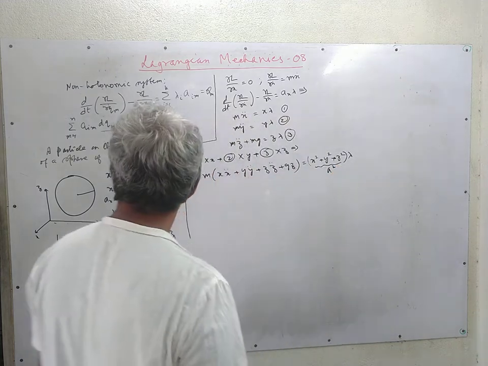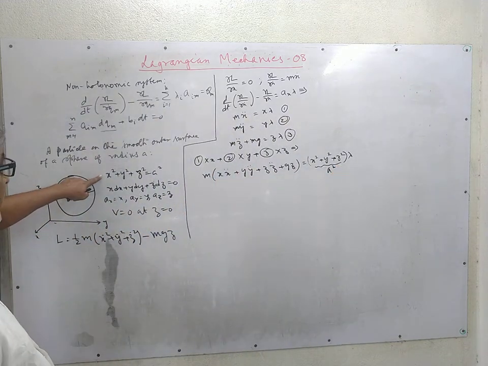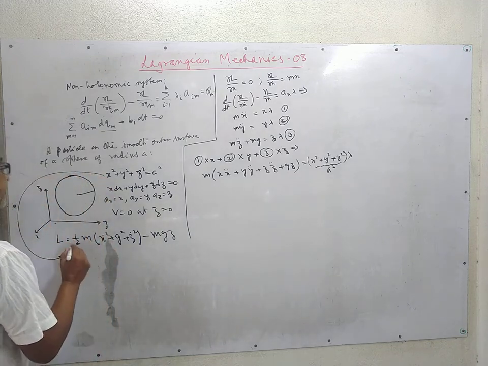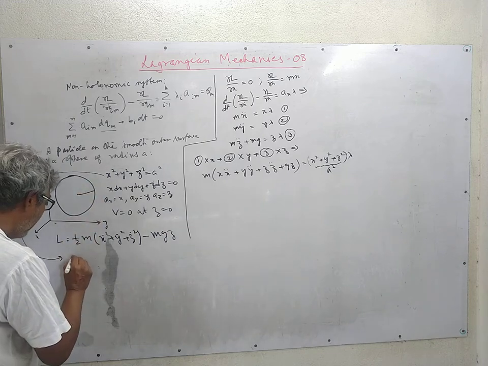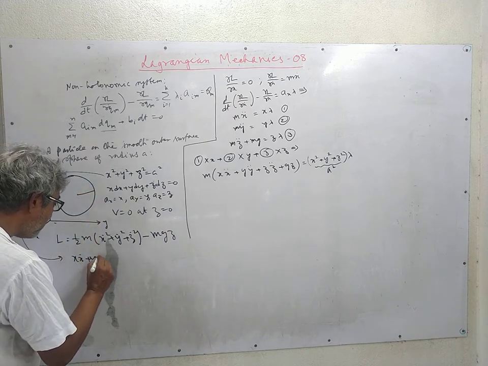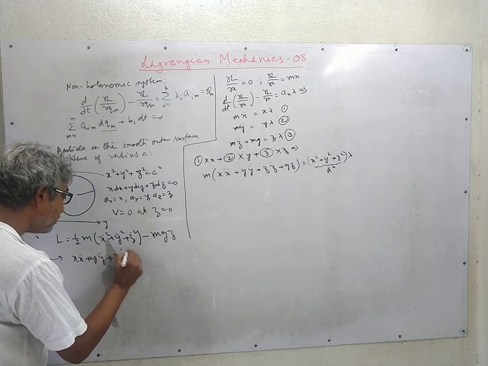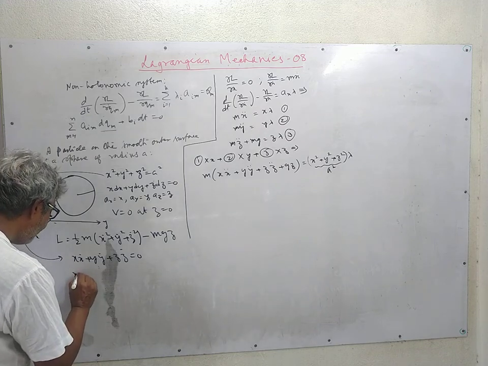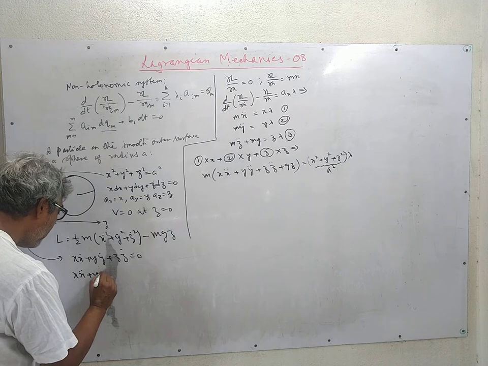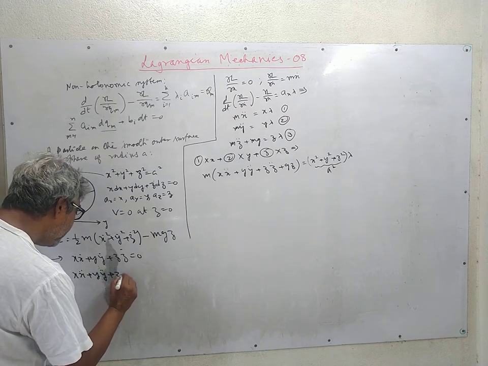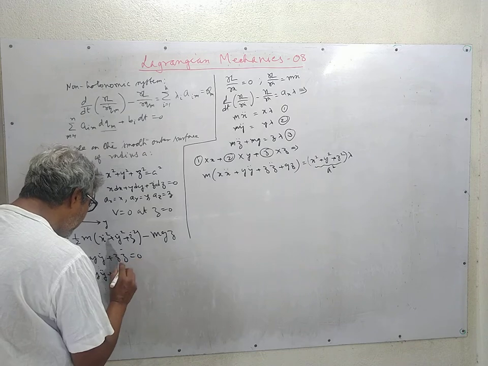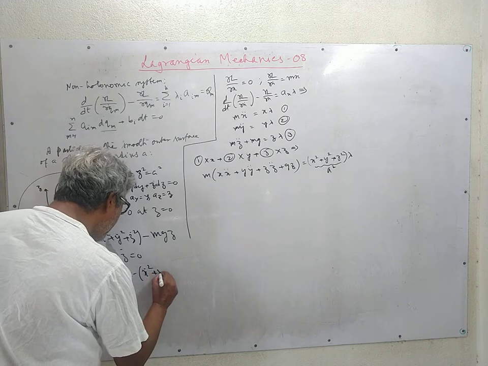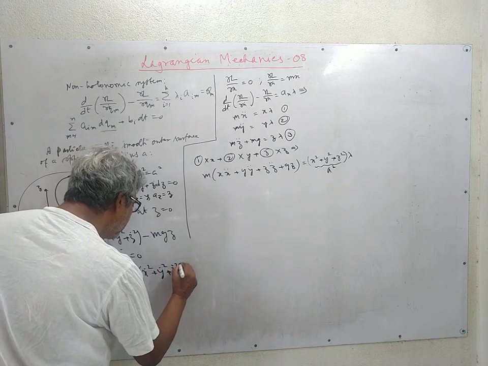And what is this? If we consider the equation of constraint and differentiate it with respect to time, then we get x x dot plus y y dot plus z z dot equal to 0. If we differentiate it once more, we get x x double dot plus y y double dot plus z z double dot equal to minus (x dot squared plus y dot squared plus z dot squared).